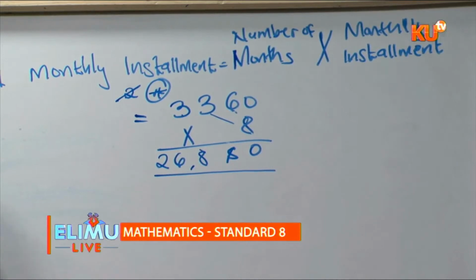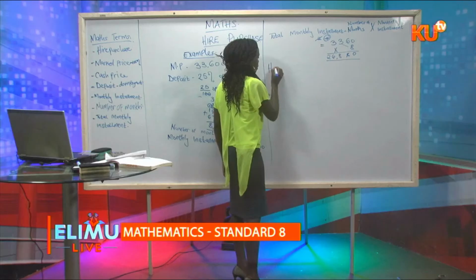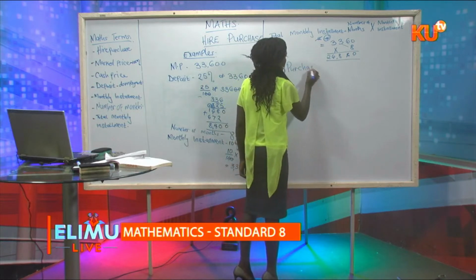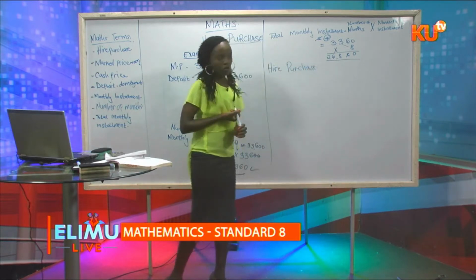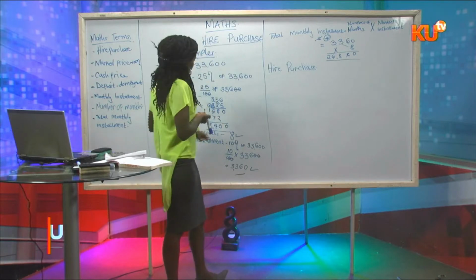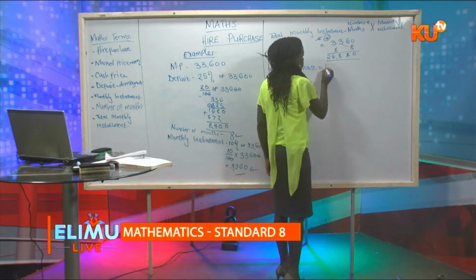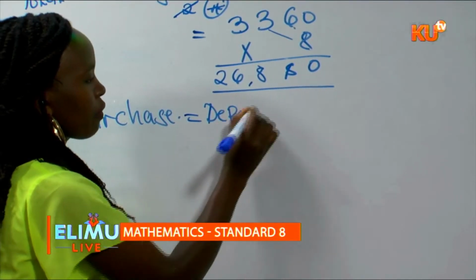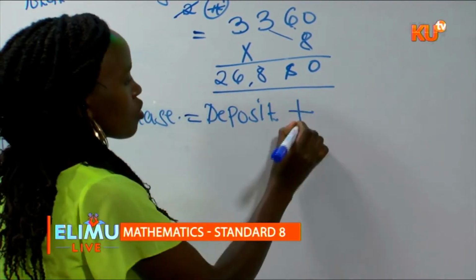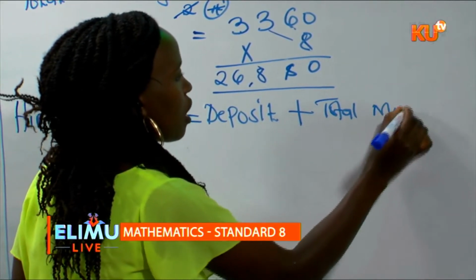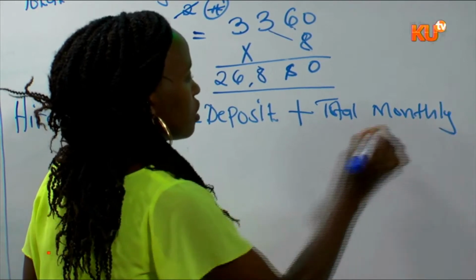So we look for our hire purchase. We know the formula of getting hire purchase when we have the deposit and the total monthly installment. We take the deposit, we add to the total monthly installment.